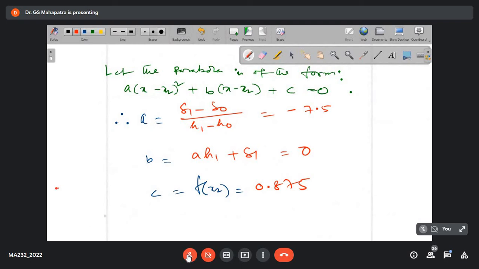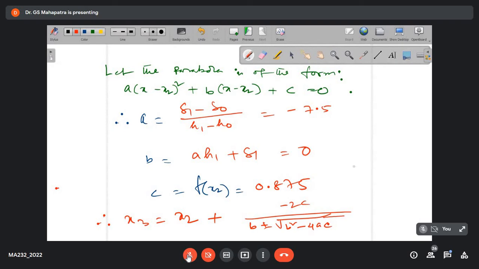So therefore x3 equals x2 plus or minus twice c divided by b plus or minus the square root of b squared minus 4ac.